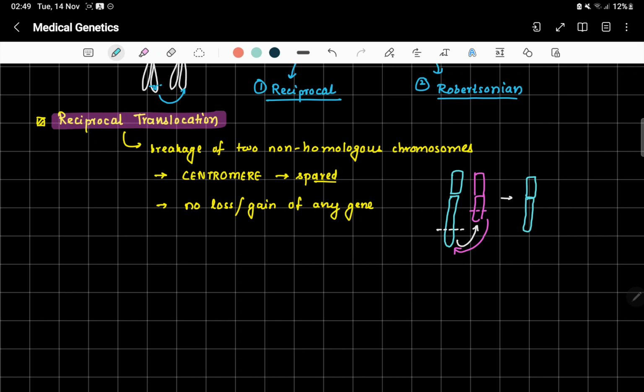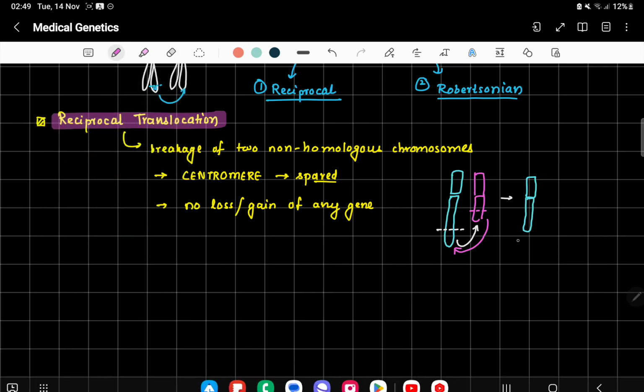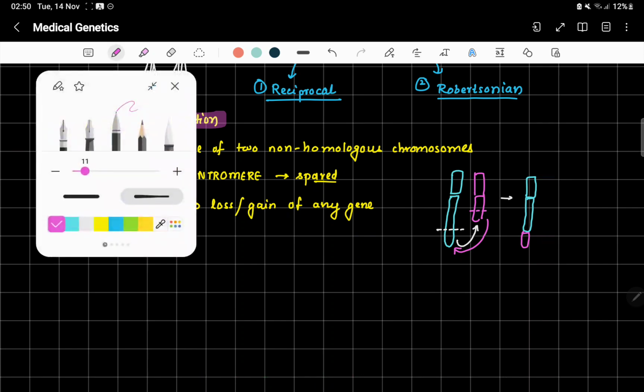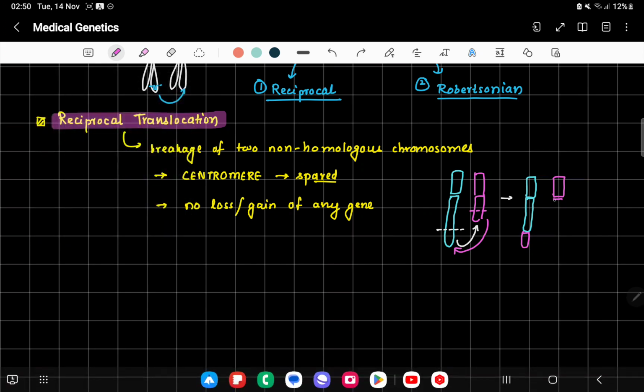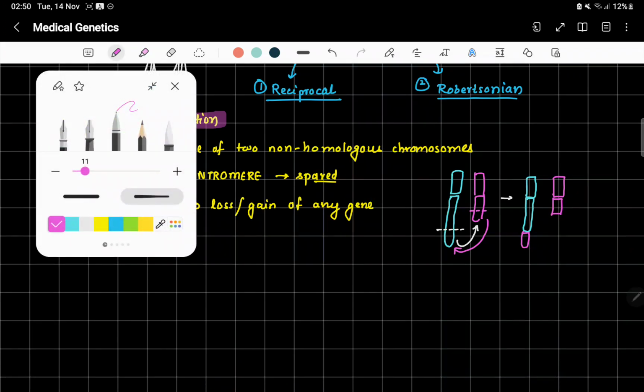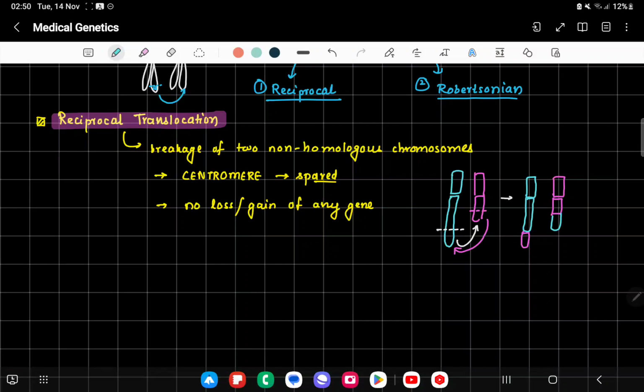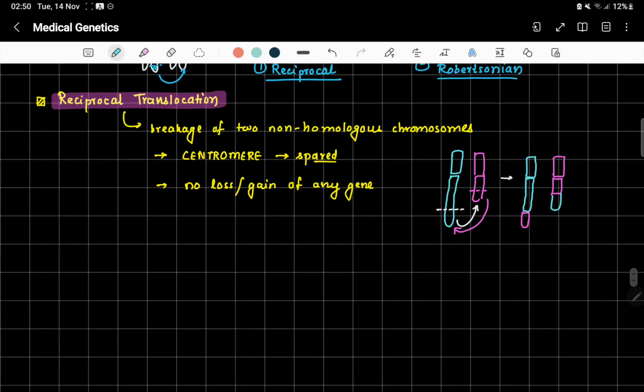It's like this, and a pink segment here. And the pink one will look like this and a blue segment here. This is called reciprocal translocation. Understood?